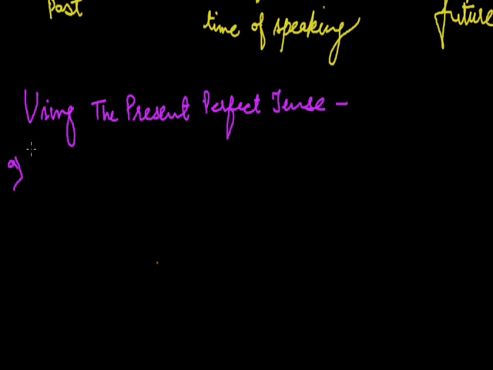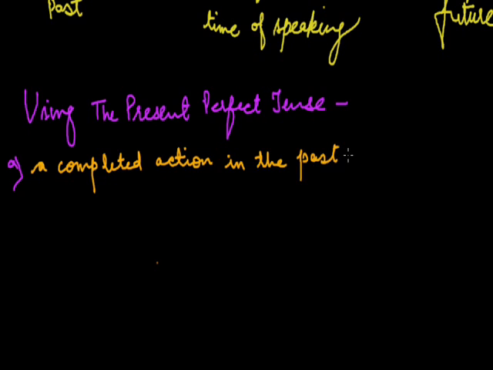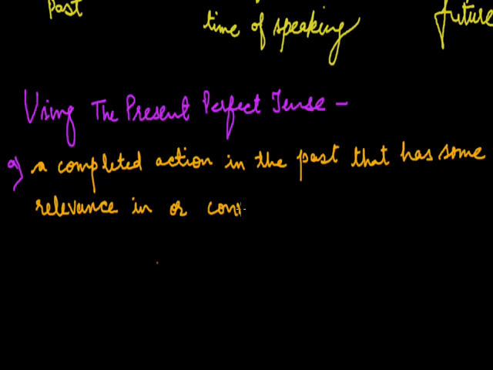Present perfect tense is used to refer to a completed action in the past that has some relevance in or connection with the present.